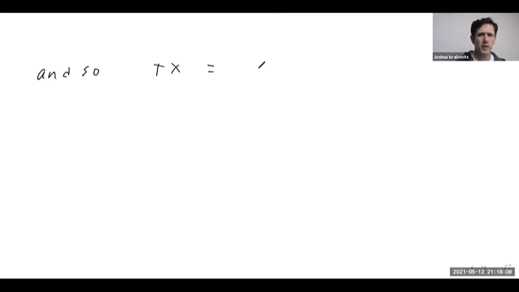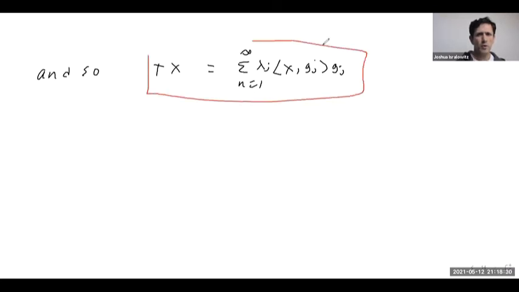We just proved that Tx is this sum, j equals 1 to infinity, (x, g_j) lambda_j g_j. Okay, so in either case, we're almost done.